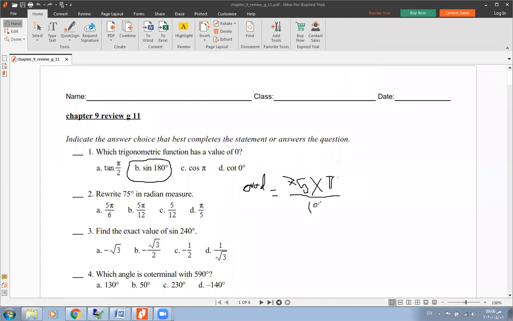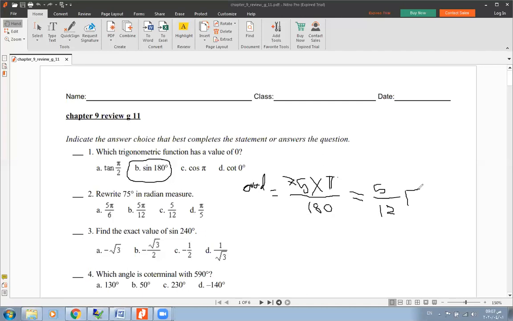Okay, so you just make 75 over 180. 75 over 180 is equal to 5 over 12. So 5 over 12 pi is my answer.